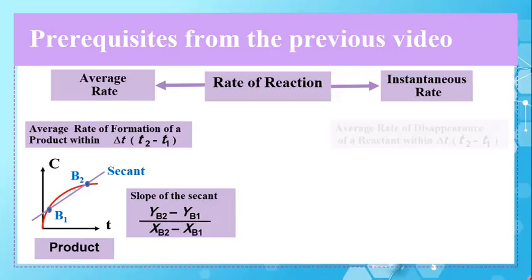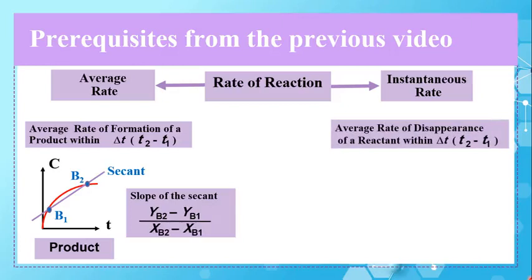The same to determine the average rate of disappearance of a reactant within an interval of time delta T equal T2 minus T1, we have to choose on the kinetic curve of this reactant 2 points having as abscissa T1 and T2.